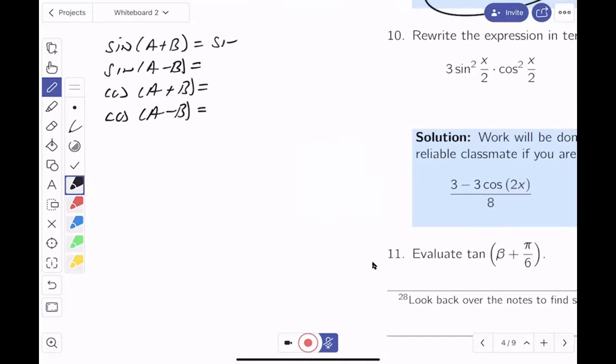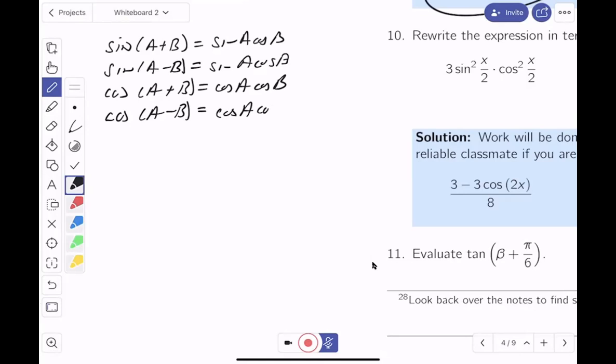Let's see, sine of A, cosine of B, sine of A, cosine of B. Cosine A, cosine B. I'm not done yet, right?